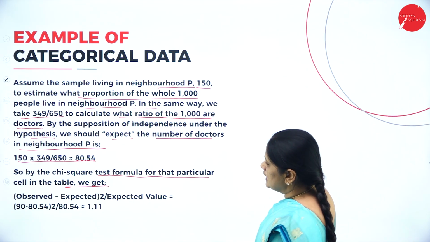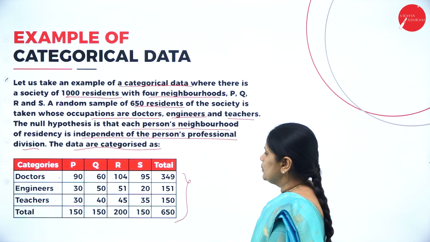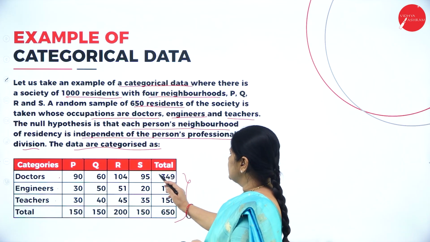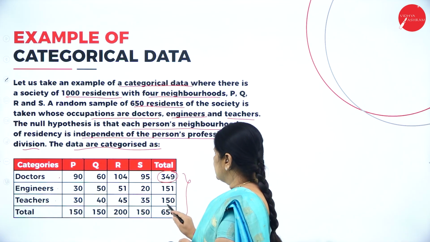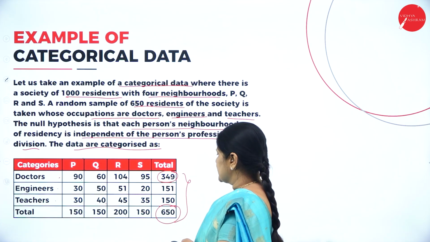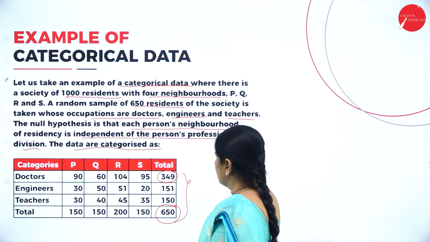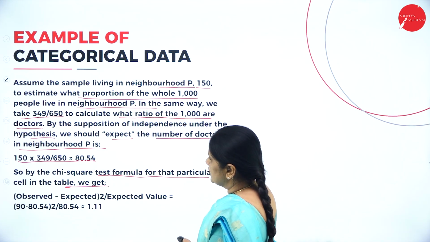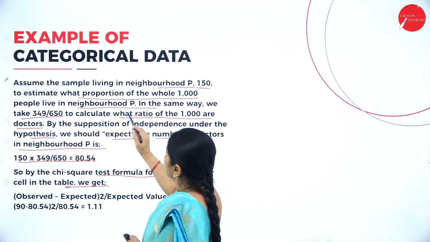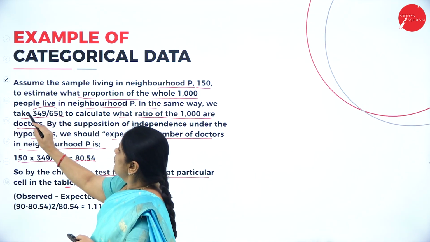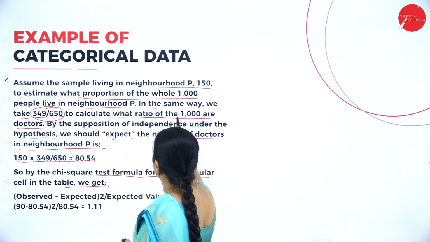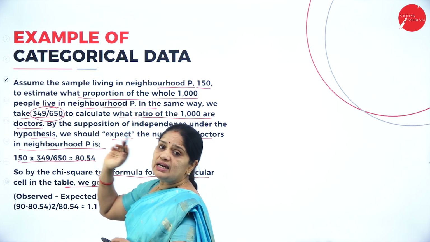If we look at the table, the total number of doctors is 349, but the total number of professionals is 650. So in the same way, we take 349 out of 650 to calculate what ratio of 1000 are doctors.